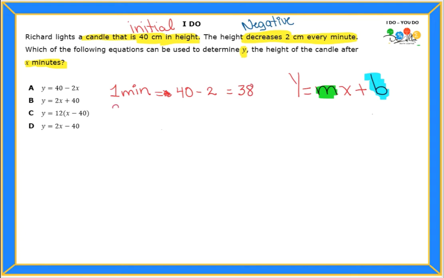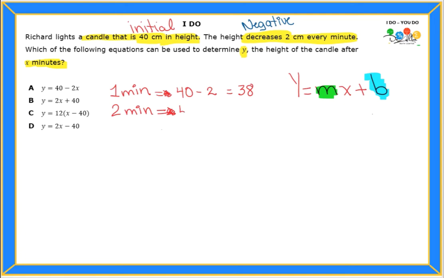But now my question is, what about in 2 minutes? Is the height of the candle still going to be 38 after 2 minutes? No, right? Because in 2 minutes, it's going to decrease 4 centimeters, 2 centimeters per minute.